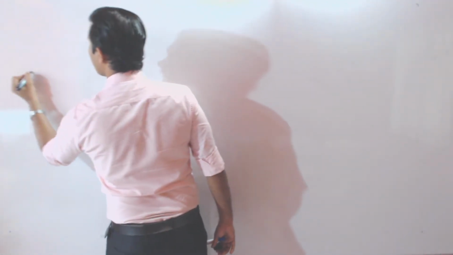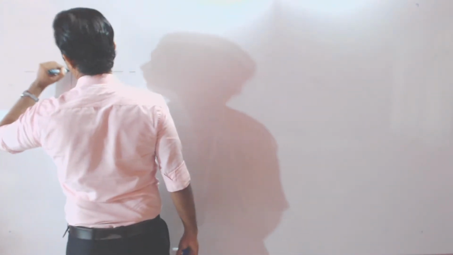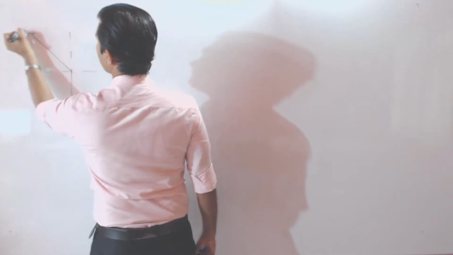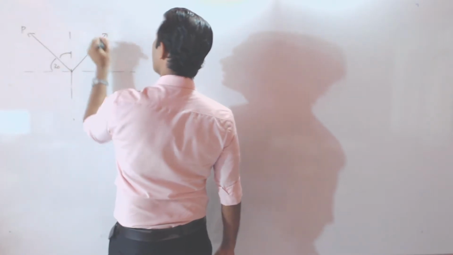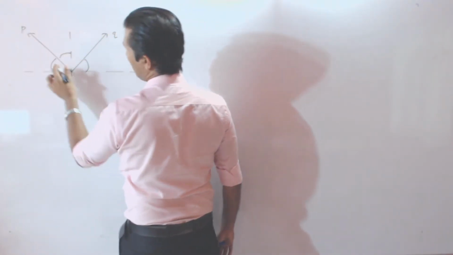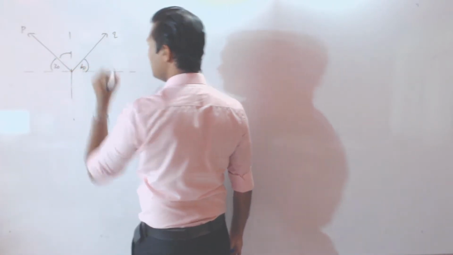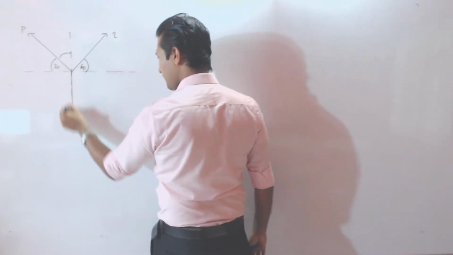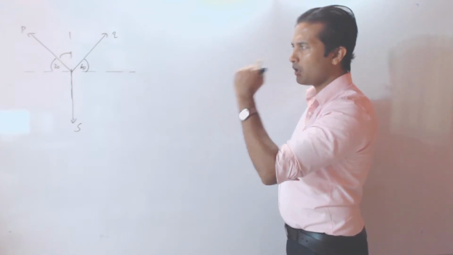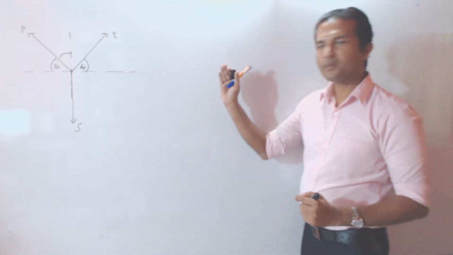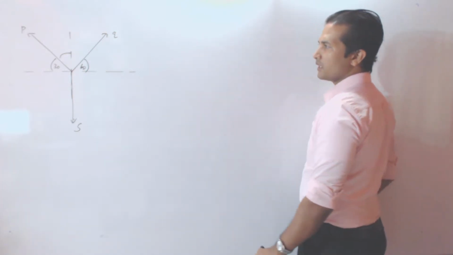Okay, let's consider the previous question. This is P, this angle is 30, this is Q, this angle is 60 and this is S. If the object is in equilibrium, how would you apply Lami's theorem to get the relationship between those three?